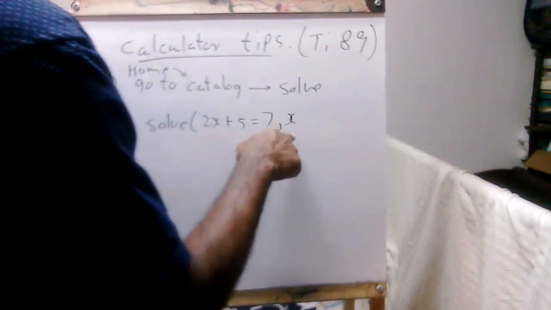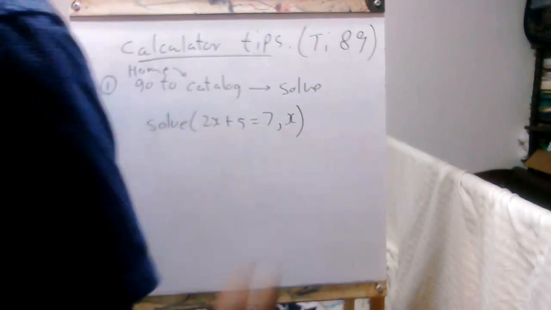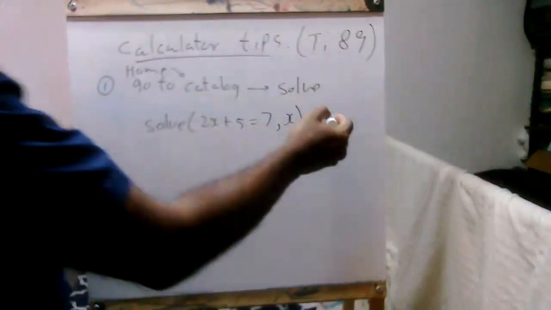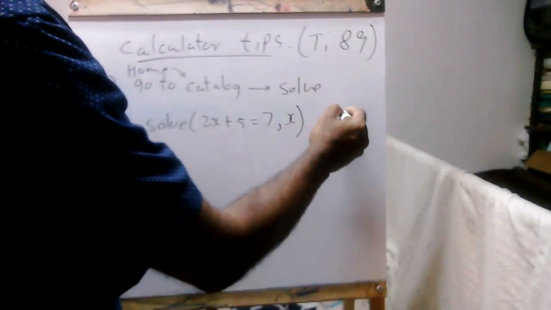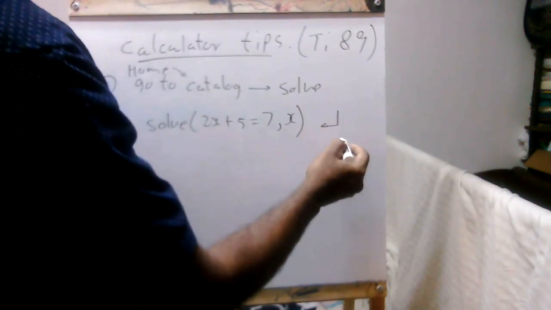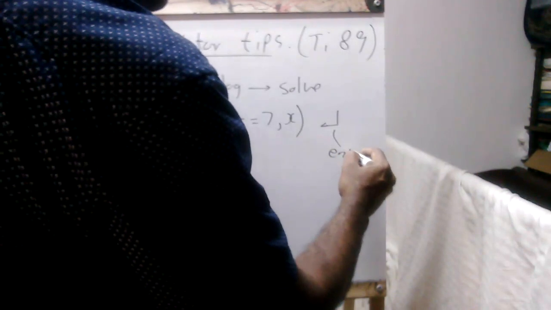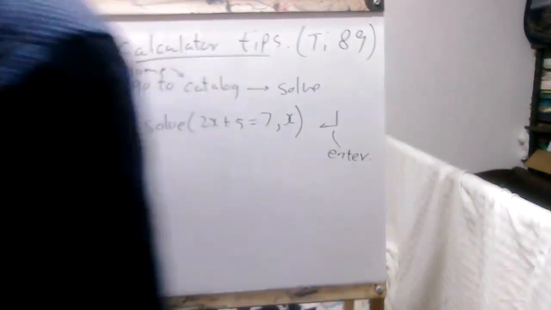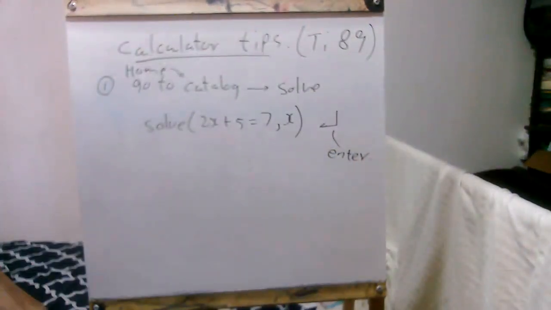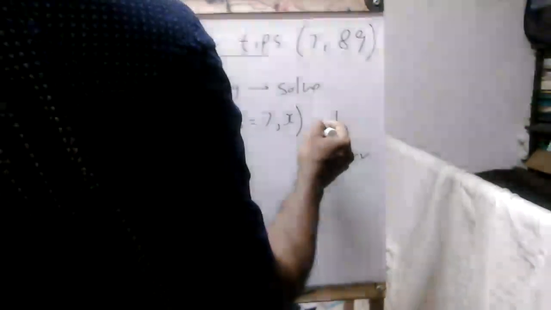This means solve this equation for x, right? Then this is the enter sign. This is the enter key, which is at the very bottom of your calculator, right?